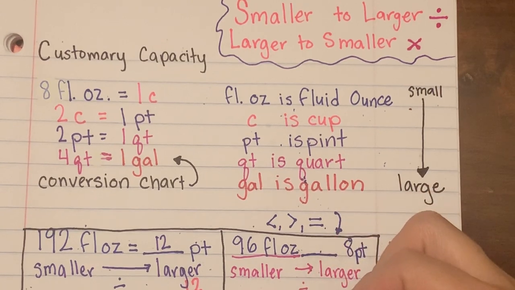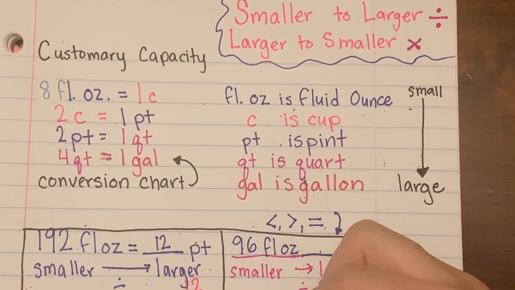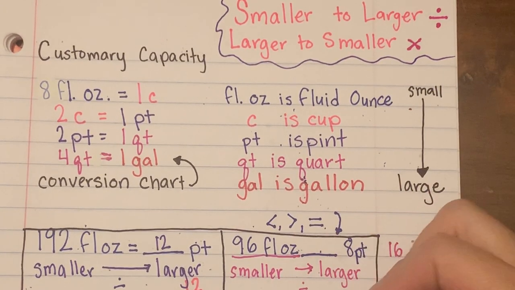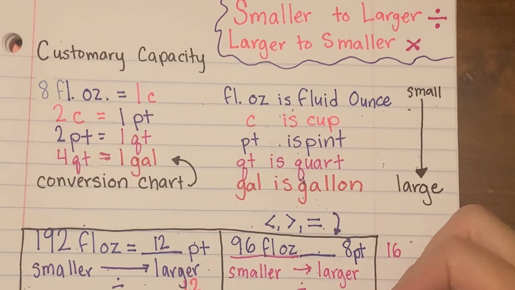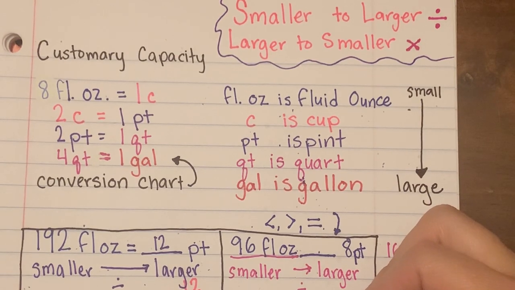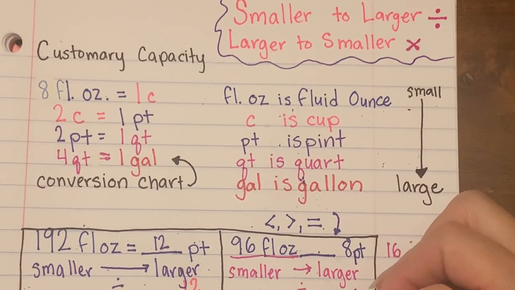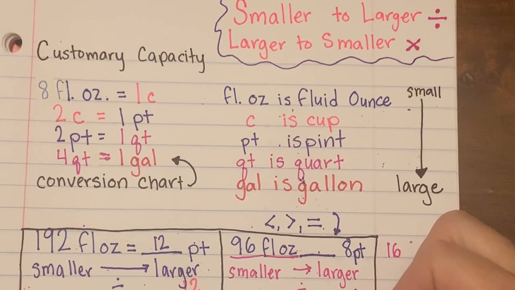So the next thing I'm going to do is divide 96 by 16. I can do this over here. I'm going to actually think in my head, okay, what number do I multiply 6 by that would end in a 6? And I know if I multiply 6 by 6, I get 36.